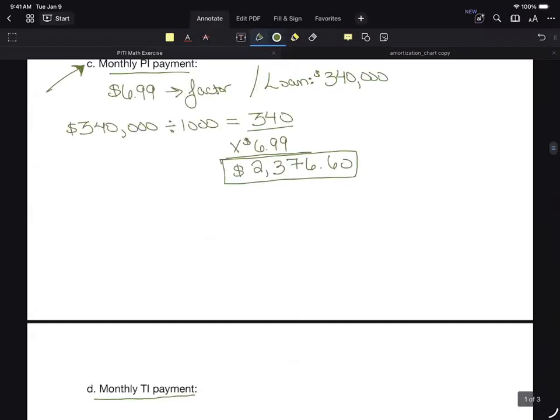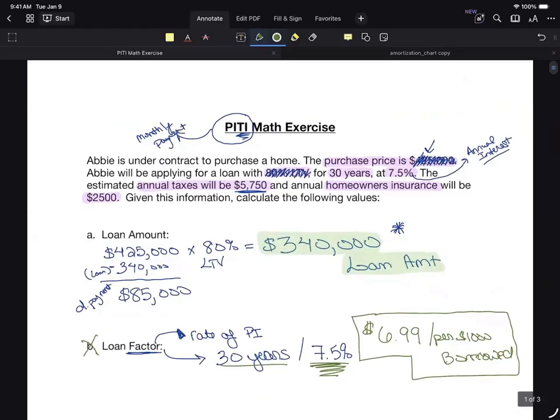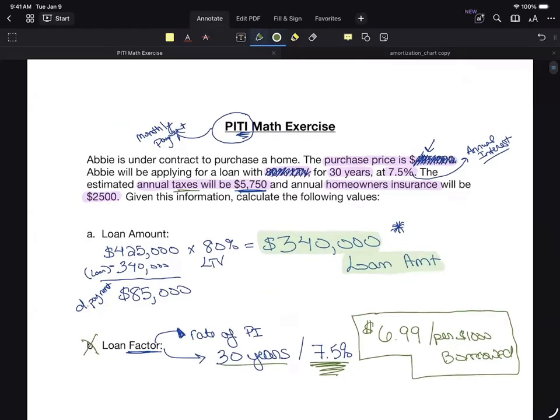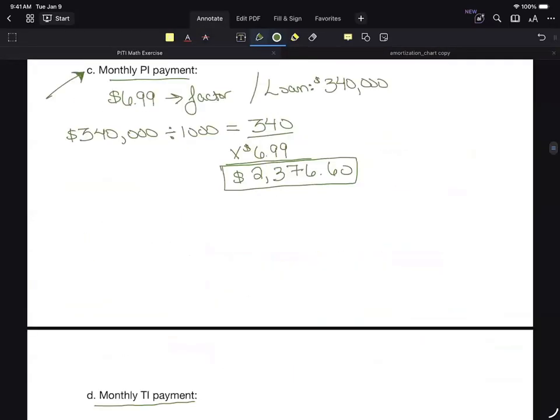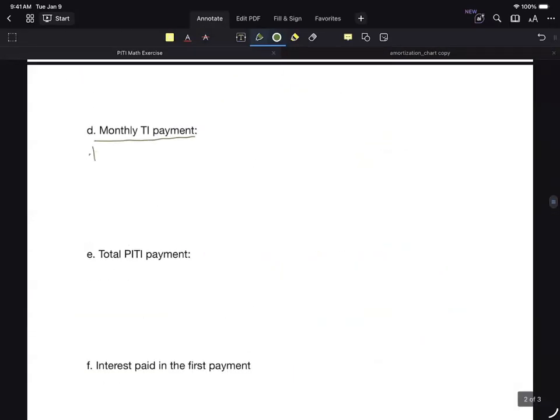So I can scroll all the way back up here, and I know our taxes are 5750 and our insurance is 2500. So our taxes were 5750, and that's a year because it said annual. And your insurance was $2,500 a year. So do you know how you would find your monthly T&I payment?